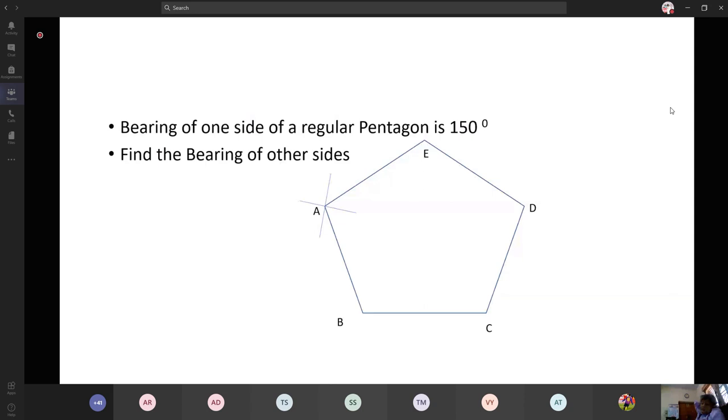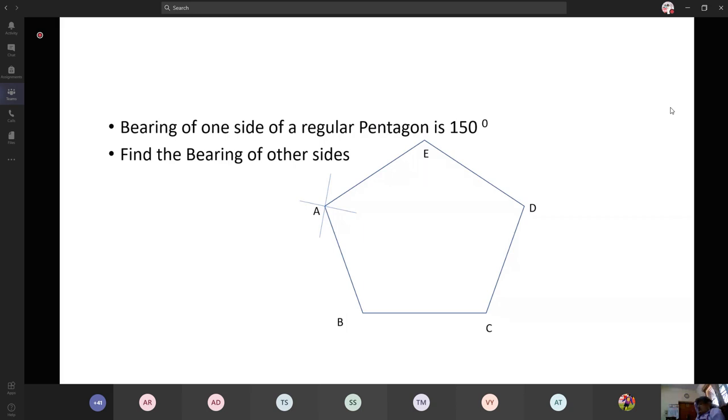So what is it you get in this? First, the bearing of AB is 150. What is the bearing of BC? 78, yes, 78.